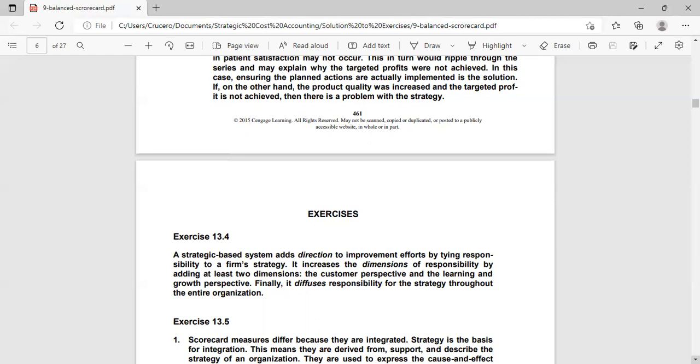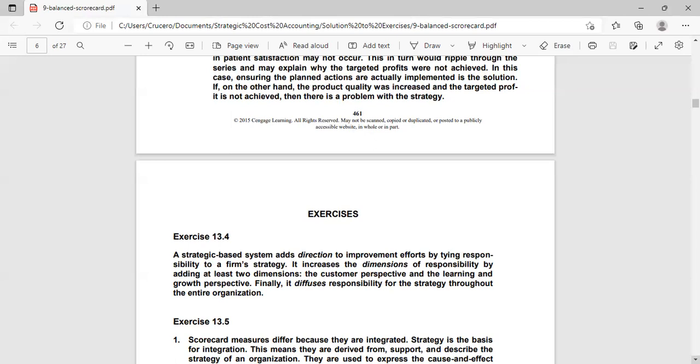Here for number 4, the strategic-based performance management system. Now, a strategic-based system adds direction to improvement efforts by tying responsibility to a firm's strategy.